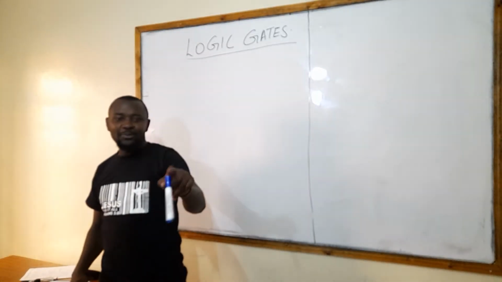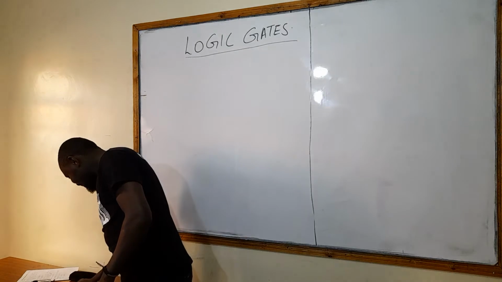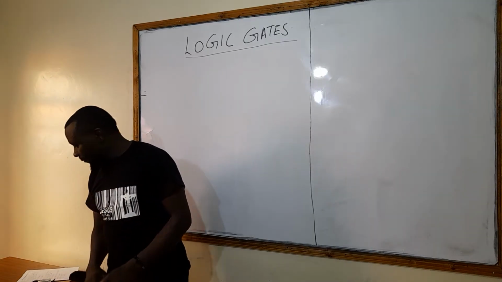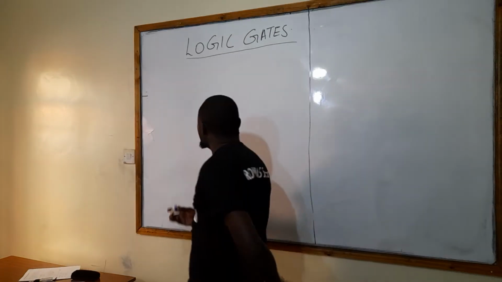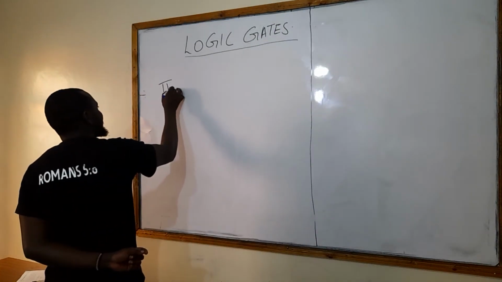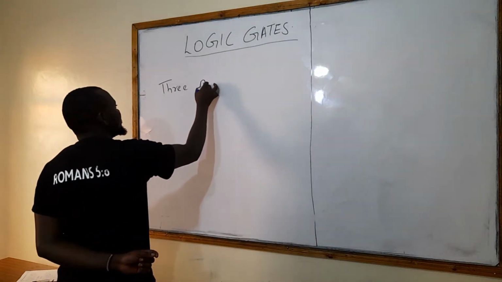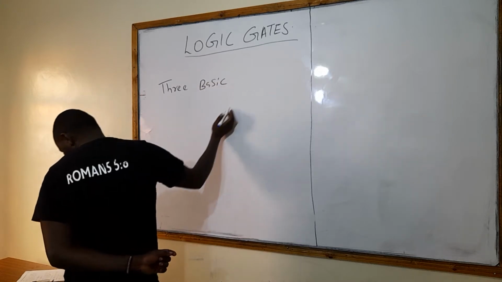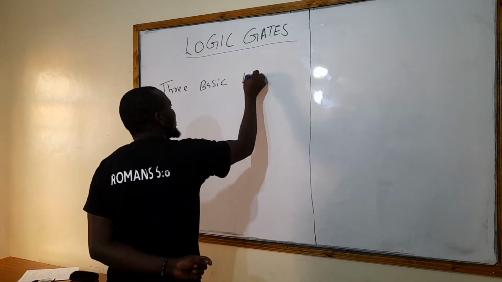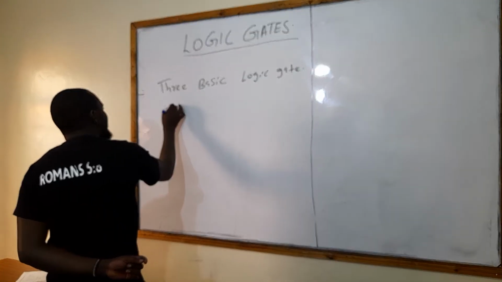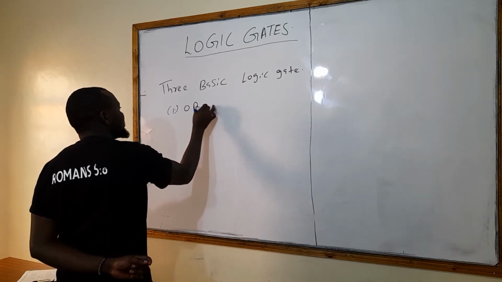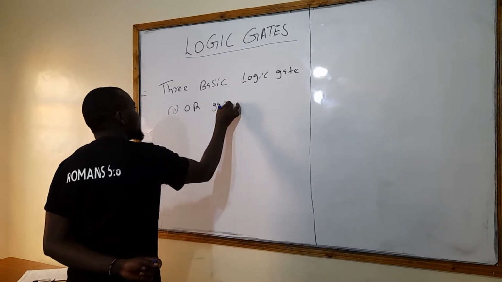For example, we'll talk of three basic logic gates. The first one is the OR gate.